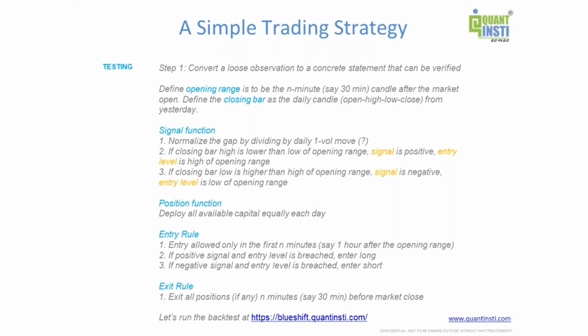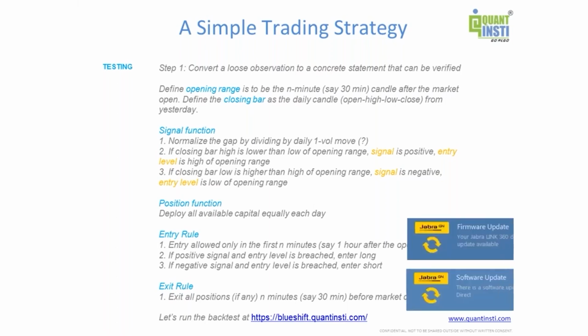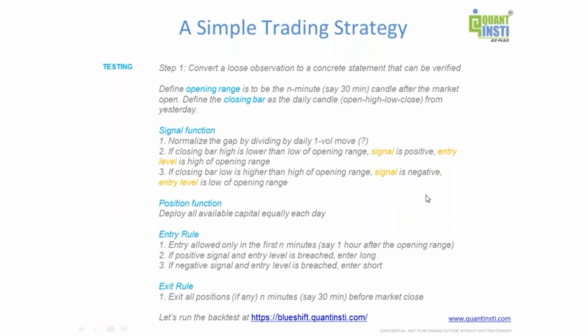Again, open, high, low, close. Our signal function is, first, we compute the gap between the opening range and the closing bar, and we normalize by the calculated volatility of the stock.